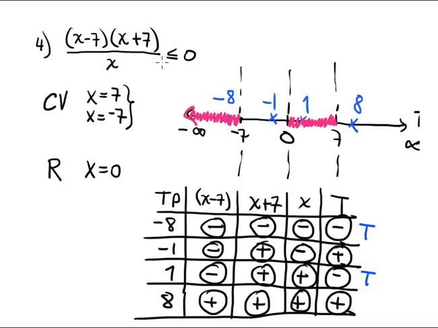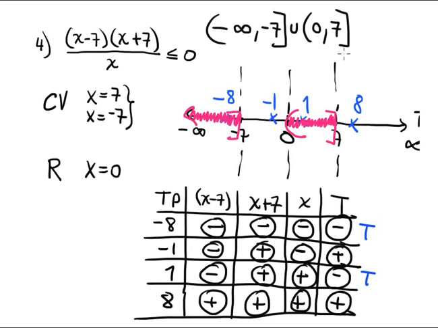It's included inside because our inequality is not a strict inequality, so it's equal, so this is working perfectly. There's a bracket here, and there's a bracket here. And this is a restriction we never take. And the answer is from negative infinity, comma negative 7, parenthesis bracket, union, 0, 7, parenthesis bracket. That's it.